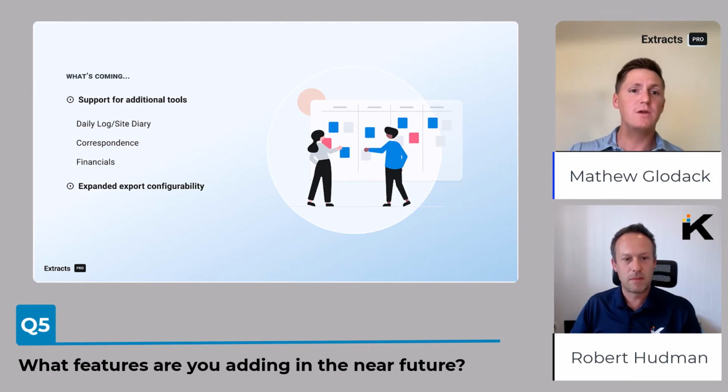Correspondence is a big one, because it facilitates a lot of communication that doesn't conform to a Procore tool. And then financials too. Also, everyone has different export needs, so we want to continue expanding the configurability of the export, whether that's filters or additional options, so there's no extra data processing once you export through Extracts Pro.